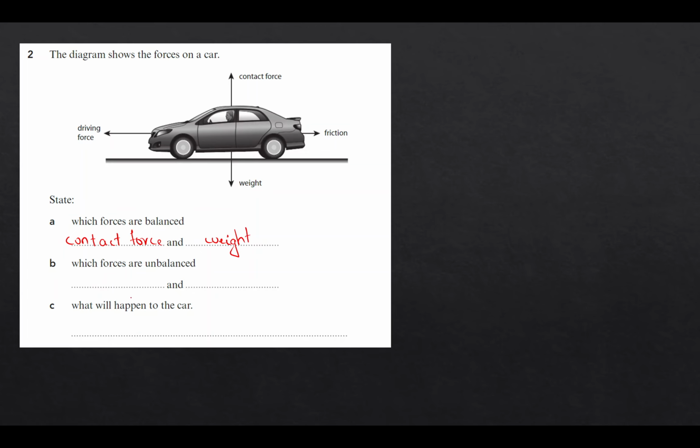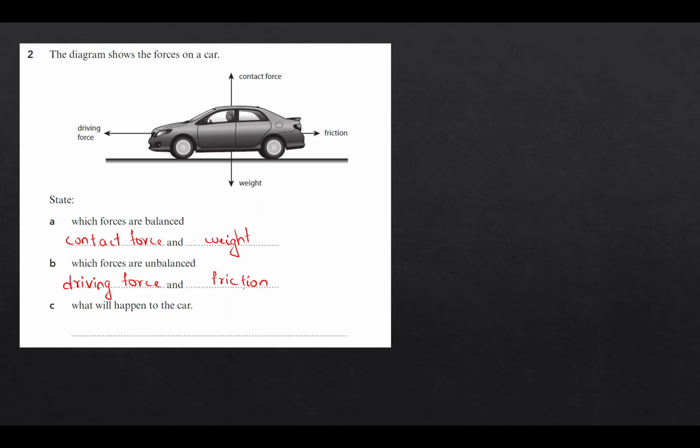Then we have to tell which force is unbalanced. Let's look at the driving force and frictional force. The driving force has a larger arrow compared to the frictional force. That means the size of the driving force is larger than frictional force. So these two will be unbalanced. Let's write down driving force and friction.